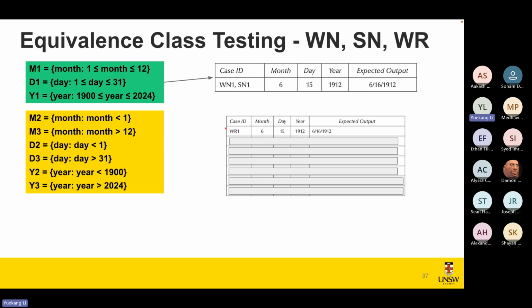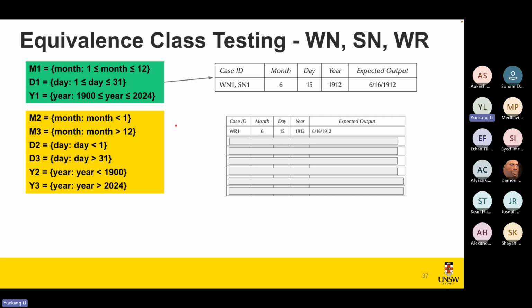So we need to build this weak robust on top of weak normal. So it's a superset of the weak normal test suite. Let's just reclaim this test case here and think about how to redesign the following test cases.